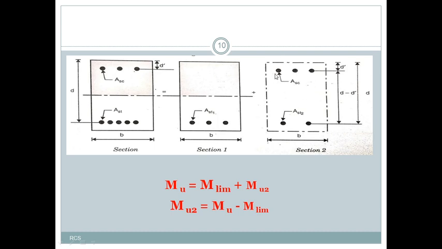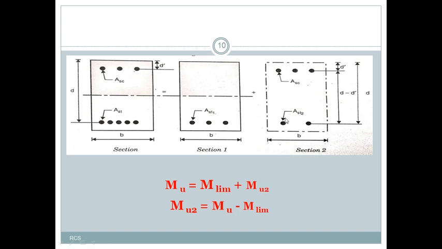So the additional moment produced in this section 2 will bear the remaining 50 kilonewton meter. That's why we have to calculate the moment carrying capacity of section 2. So that 50 kilonewton meter is borne by this one.